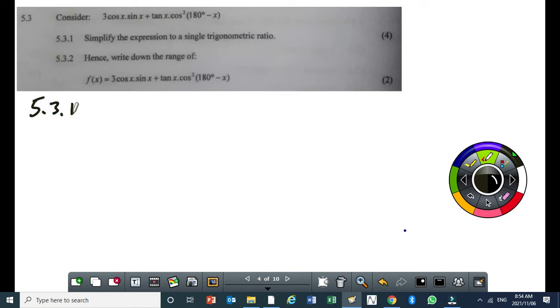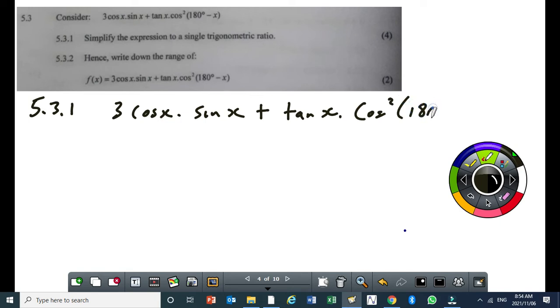5.3.1, the question says simplify the expression to a single trigonometric ratio. What that meant was you simplify it until you get sine only, cos only, or tan only. So you're given 3 cos x times sine x plus tan x times cos squared (180 degrees minus x).